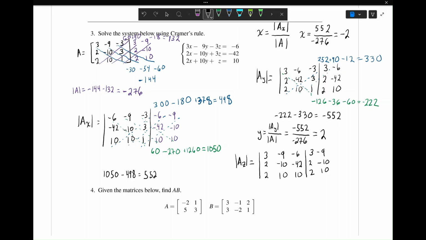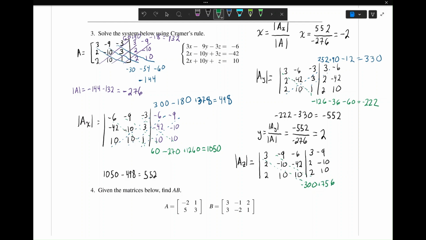Okay, I've reproduced the first two columns, and now I'm going to multiply. So I multiply down here, and I get negative 300. I multiply down here. Since I have two negatives, that's going to be positive. I'm going to plug that into a calculator, and that's positive 756.